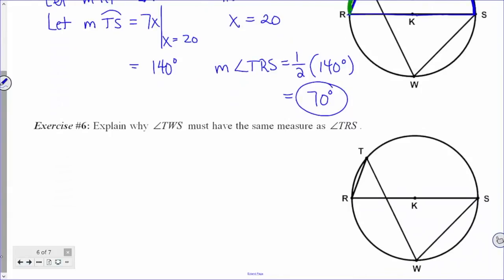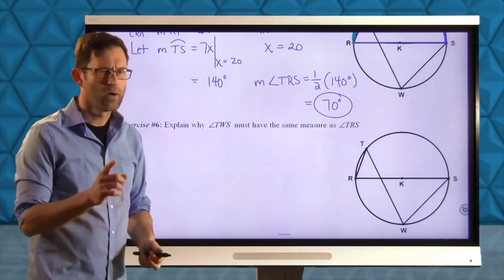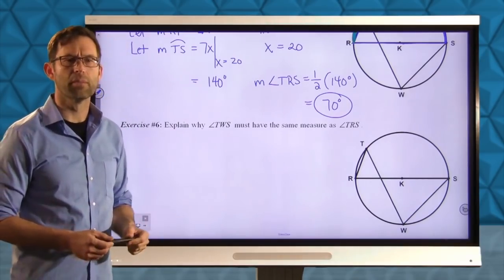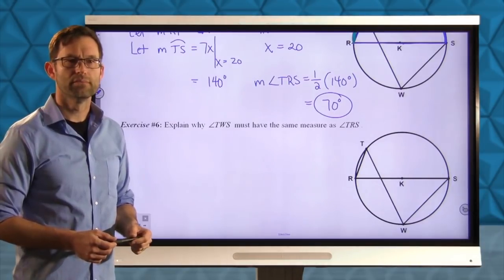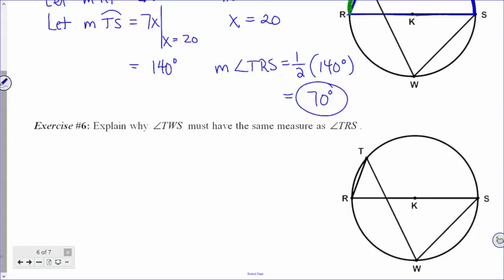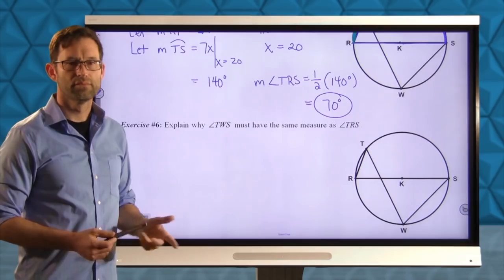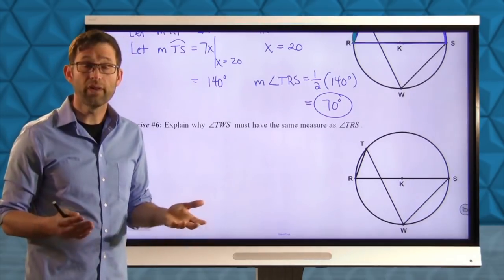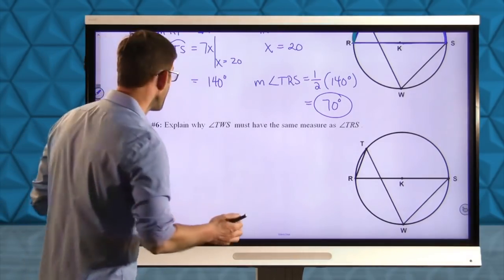Explain why angle TWS must have the same measure as angle TRS. Also very important. Think about this a little bit. Pause the video if you need to. All right. Well, it's really kind of simple.